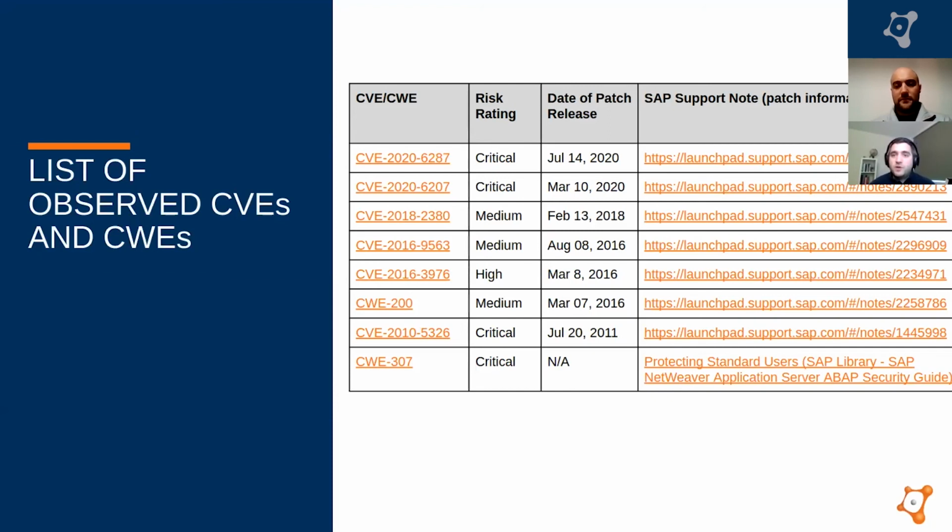SAP has a lot of documentation on the SAP Launchpad and in the help site, help.sap.com as well. So I encourage you to take a look at those sites as well, because those are very well documented and provide a lot of insights and links to other sources as well.